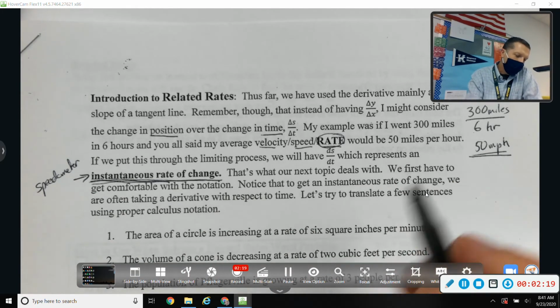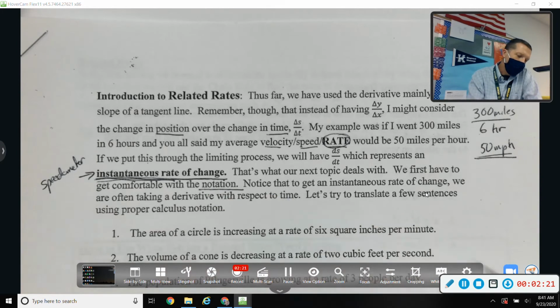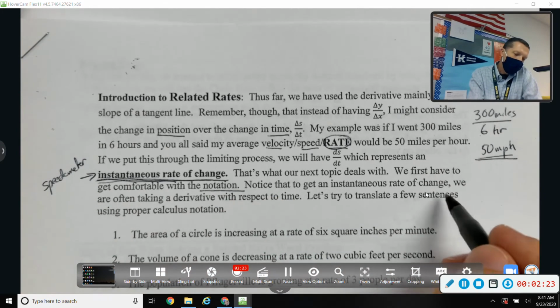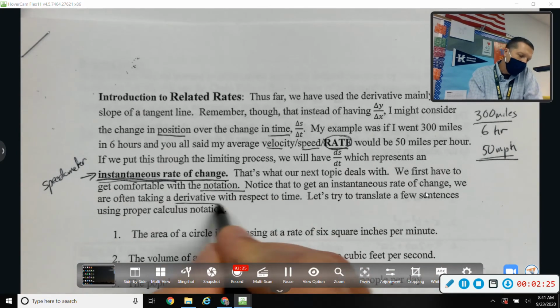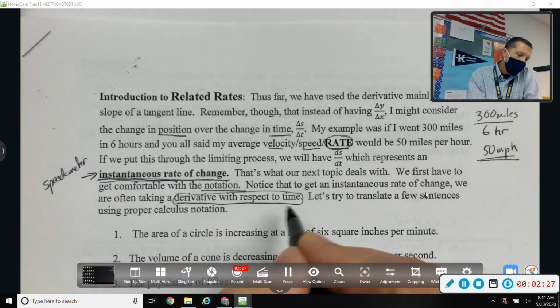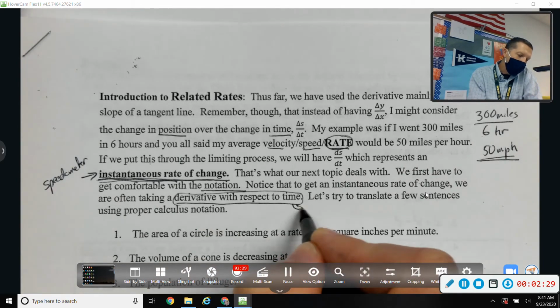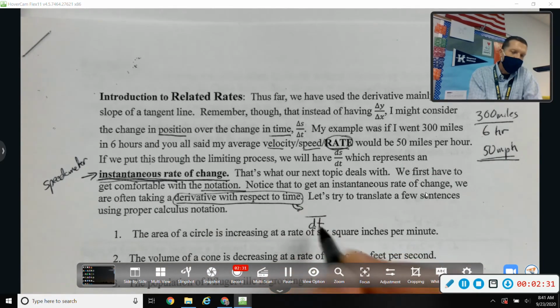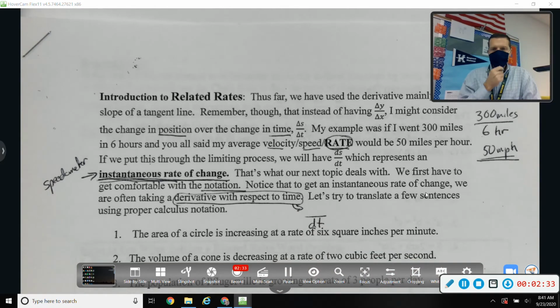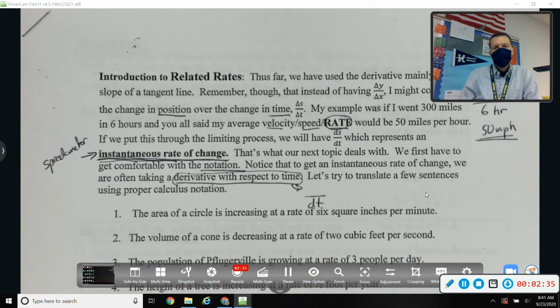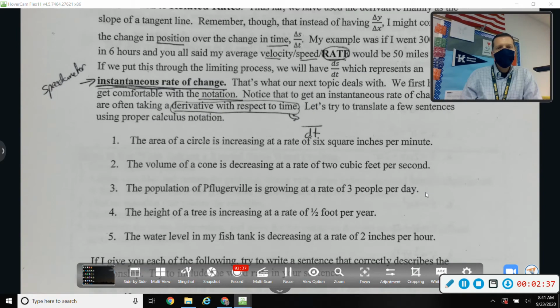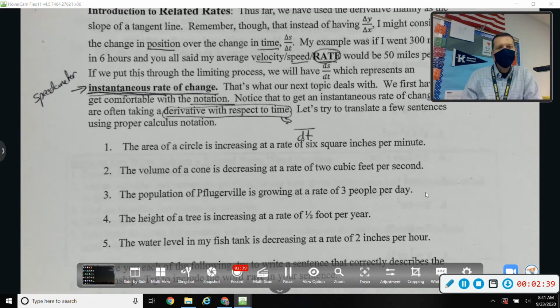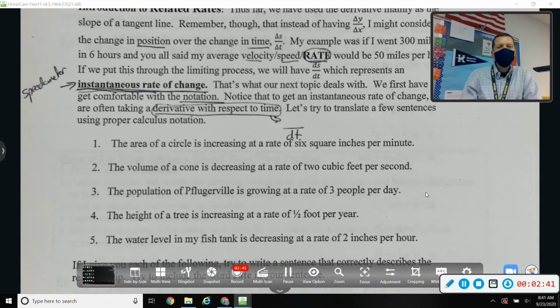So first we have to get comfortable with the notation. To get an instantaneous rate of change, we're taking a derivative with respect to time. So that usually means dt is in the bottom, like change in time. So job 1 is, let's try to translate a few sentences into calculus notation.